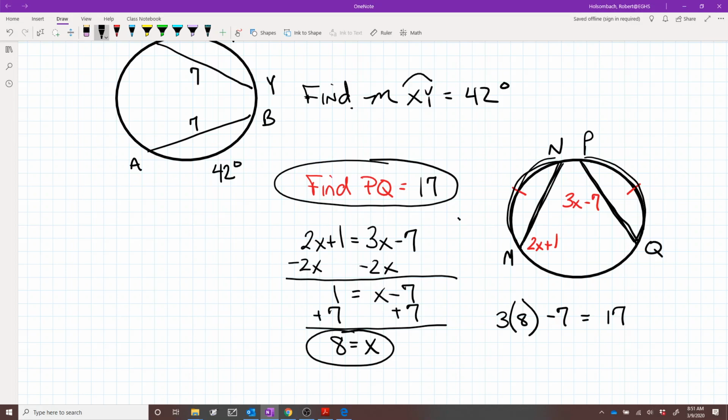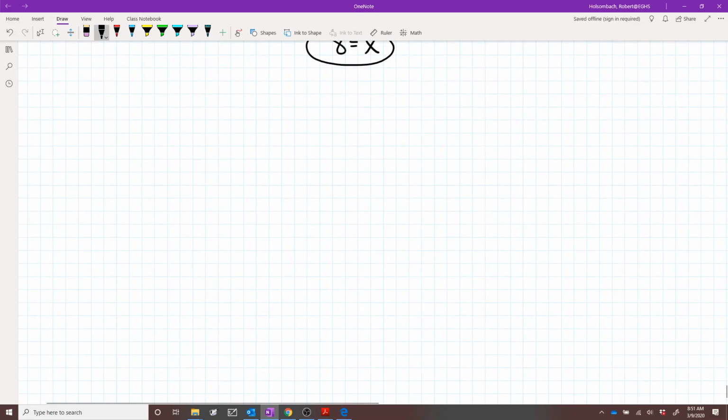Take a look at the middle of page 716. And you've got Theorem 10.3 and 10.4.